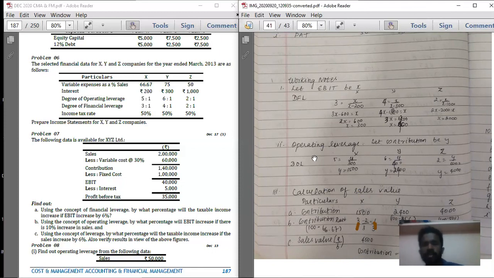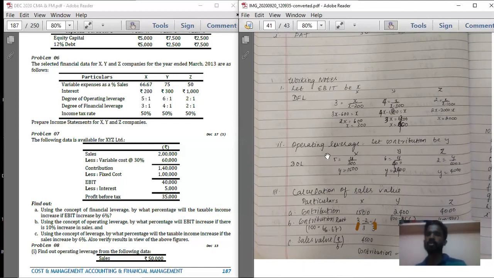What is the formula for DOL? Degree of operating leverage is contribution divided by EBIT. Here we know EBIT because we found it in the previous working note, and we know DOL, the degree of operating leverage, because they have given it in the question. With that, we can easily find the contribution, which we assumed as Y. In respect of the X column, the DOL is 5 is to 1.